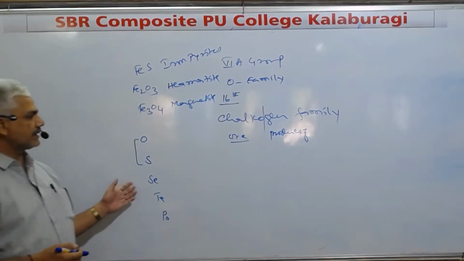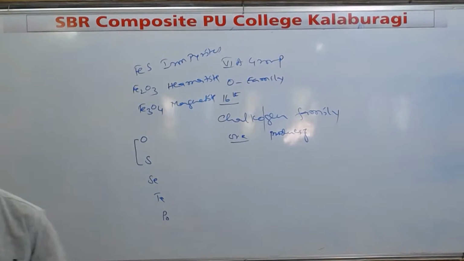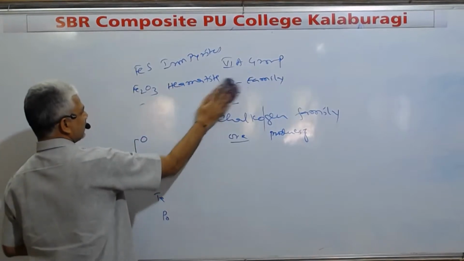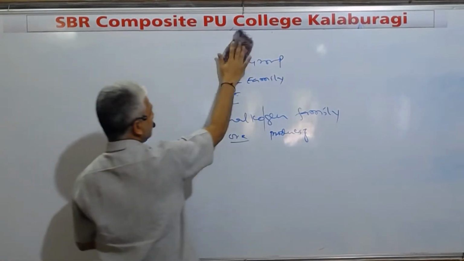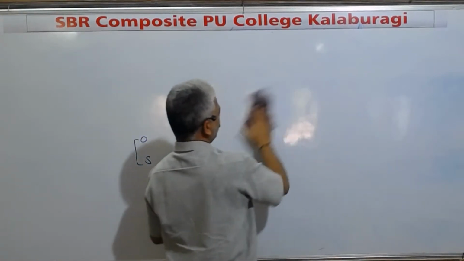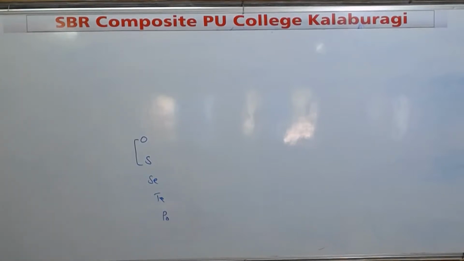Right? So that is the general introduction regarding the group 16 elements. Then the rest of the things as usual: first we have to see the general physical properties, then general chemical properties, followed by important compounds of this group elements.